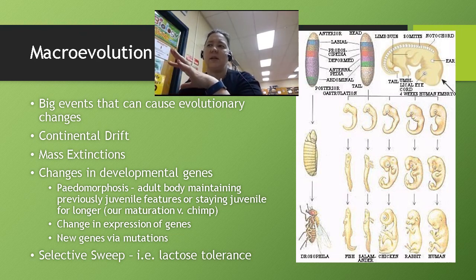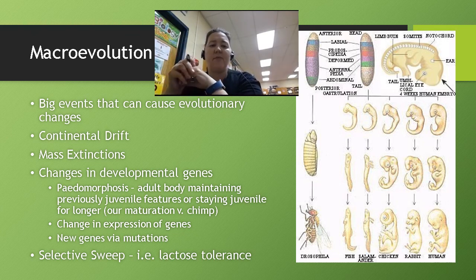These genes maintain a certain commonality from flies on up. But there are changes to their order. Okay, there are changes in their gene expression, there are changes in how they turn on or turn off during development to end up creating multiple species.